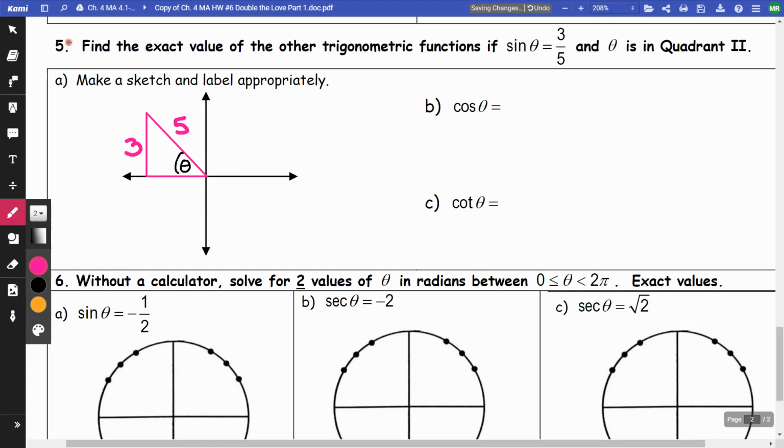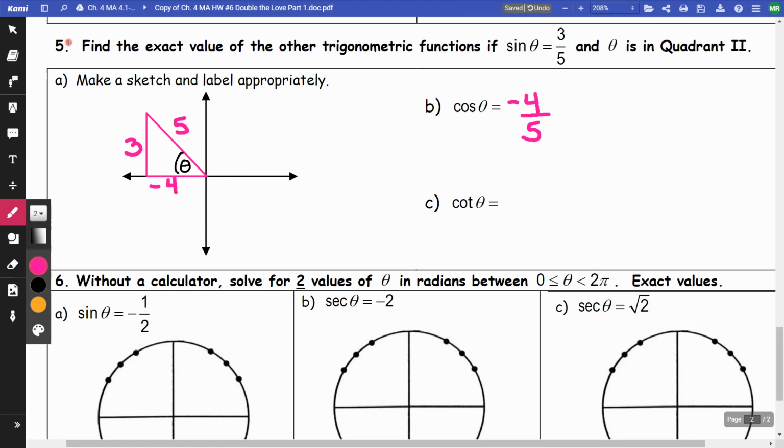If I do Pythagorean, this is going to be a 4, but it's a negative 4 because of where I am in terms of the x in quadrant 2. So my cosine is going to be adjacent over hypotenuse, which is a negative 4/5.